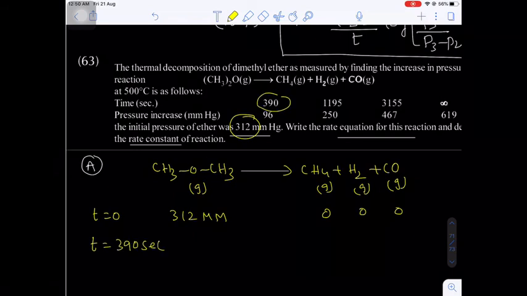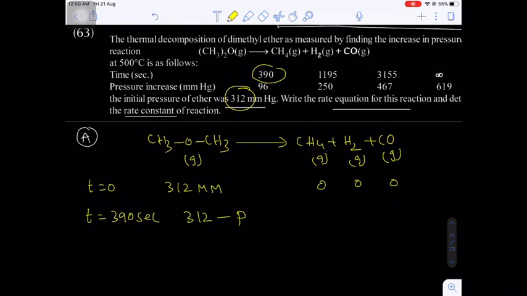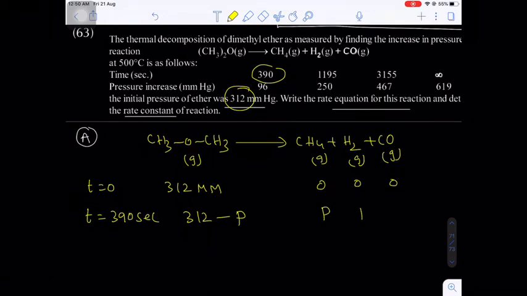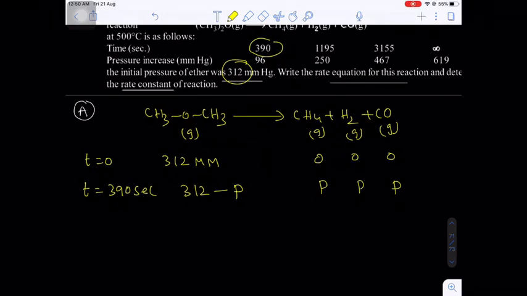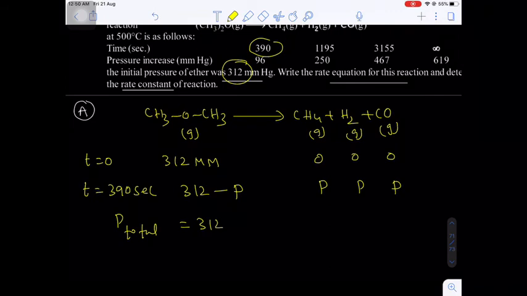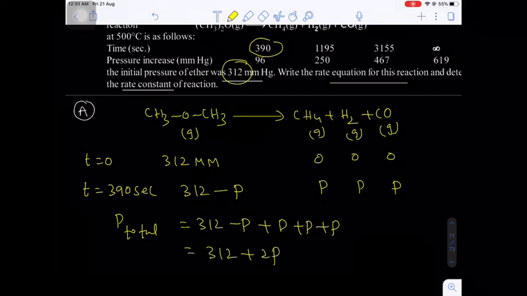After 390 seconds, let's suppose P mm of dimethyl ether decomposes, according to which P mm each of methane, dihydrogen and carbon monoxide will be formed. What will be the total pressure after 390 seconds? That is equal to 312 minus P plus P plus P plus P, nothing but 312 plus 2P.